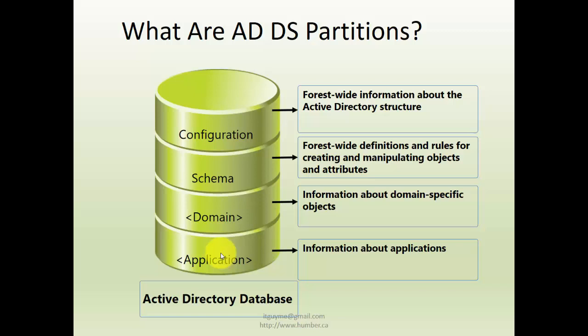Can you give an example of one application that, after an installation of Active Directory, at once gets registered inside the application partition, separate from Active Directory? So Active Directory knows, oh, this other application is going to be working with me. It's integrated to me now.